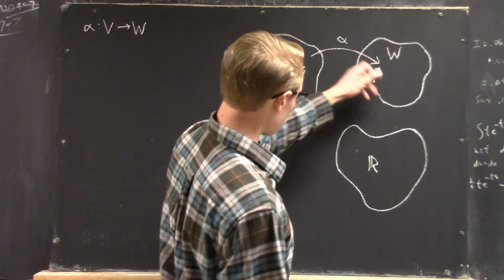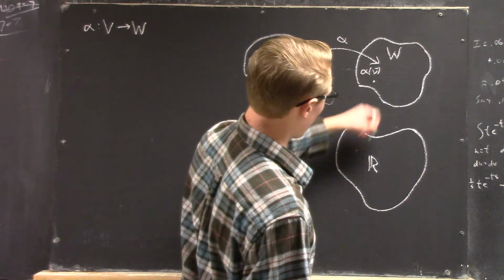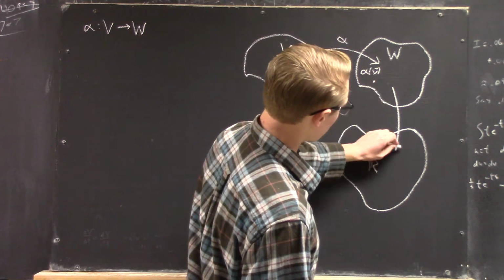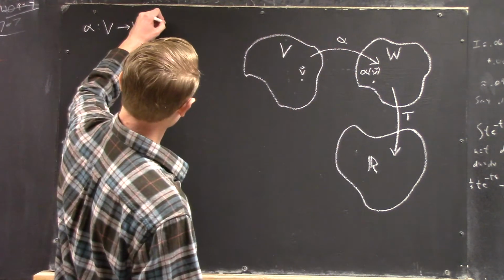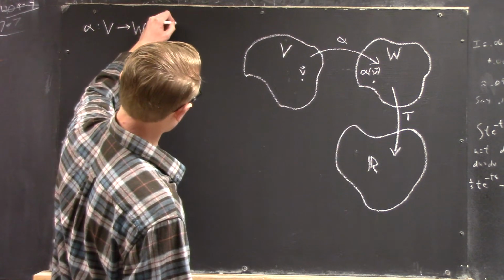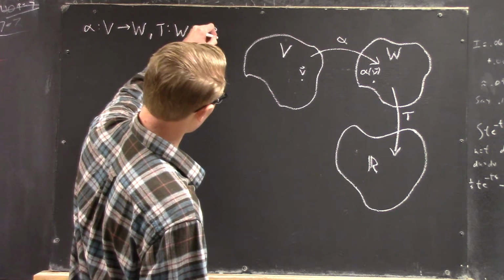Well, such a transformation exists from vector space W to R. We can call that transformation T. T is the transformation from vector space W to the set of all real numbers.